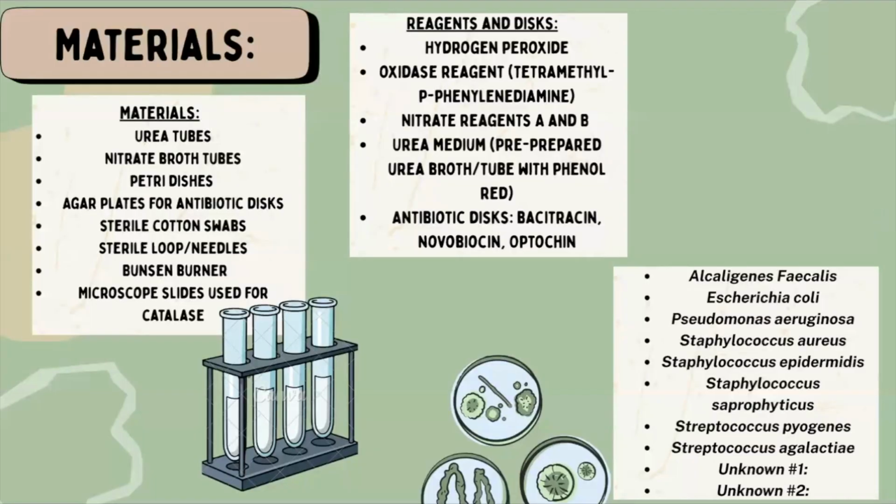Materials. For the materials, we used Durham tubes, nitrate broth tubes, petri dishes, agar plates for antibiotic discs, sterile cotton swabs, sterile loops and needles, a Bunsen burner, a microscope, and slides used for catalase.